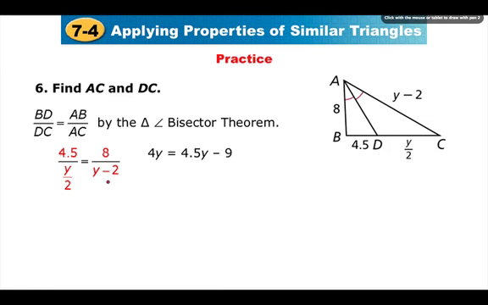When I multiply 4.5 times this binomial, I get the following. And then at this point, all I need to do is solve for y. I take away 4.5y from both sides, and I end up with negative 0.5y equals negative 9. Then divide by negative 0.5 on both sides, and I get y is equal to 18. Am I done? No, I have to go back and find AC and DC. You should see how I get these two numbers. This concludes the video.